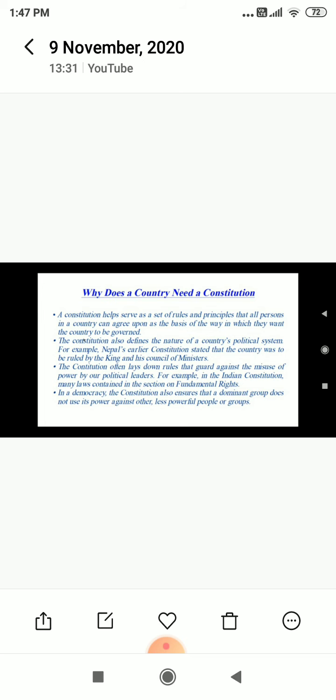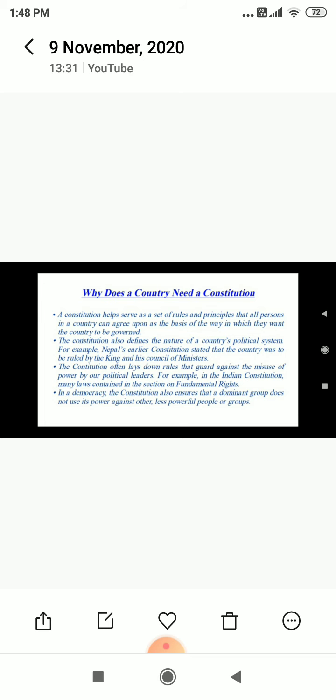The constitution often lays down rules that guard against the misuse of power by political leaders. Sometimes, as we have already seen in our practical life, we are exploited by different people. We can take the example of political leaders. They sometimes misuse power, and while using this power, they do not realize they get this power only because of us.